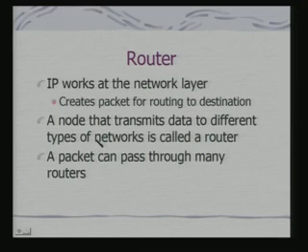Its basic job is to receive packets and route them to the respective networks depending on the destination address. A packet on its path can pass through many routers, and there may be packets originating from one source, but two consecutive packets may be put onto two different routes by the router itself. And that is the basic reason why we call this a packet switching network. Packets are switched from one path to another path.